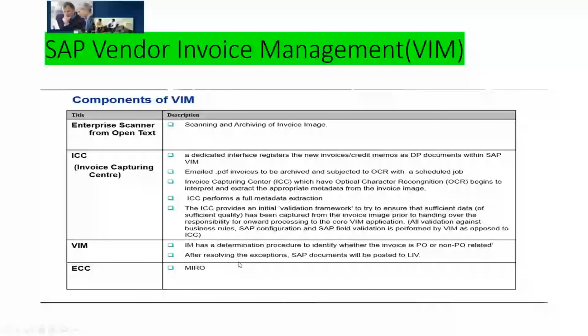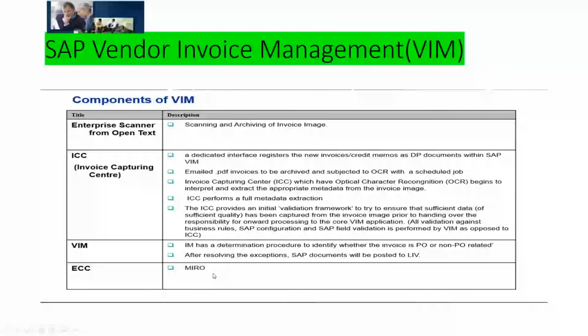The second part is after resolving the exceptions. As I said, a number of exceptions can be triggered. All the exceptions should be resolved, and after that SAP documents will be posted to LIV, the logistic invoice verification. The last one is the MIRO posting.